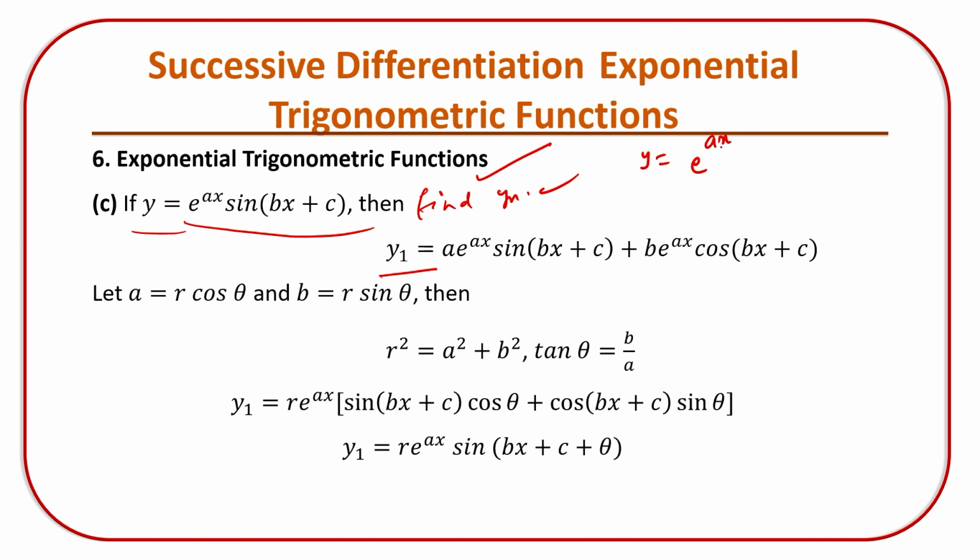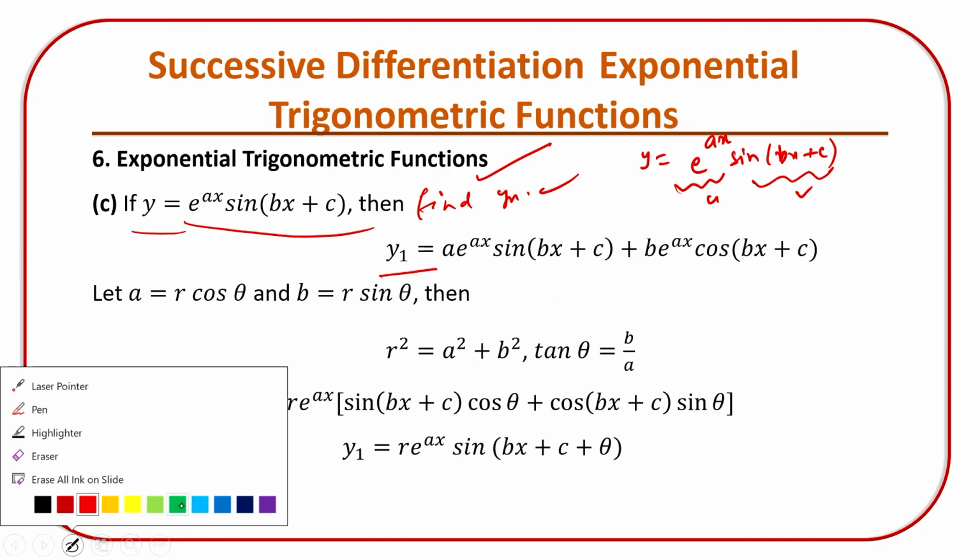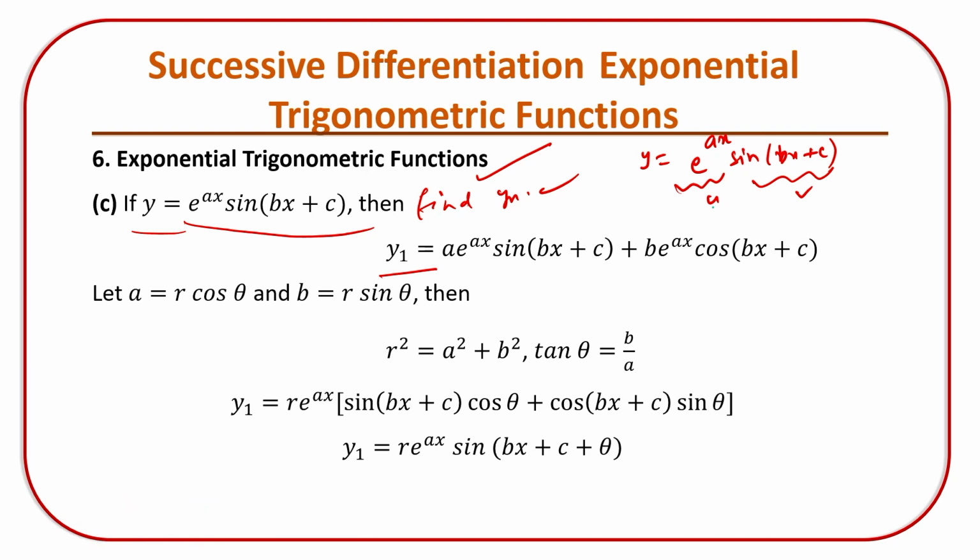So y is given as e^(ax) sin(bx+c), right? So these are two functions. This is u and this is v. Now y equal to uv, so y dash is equal to u dash v plus u into v dash.